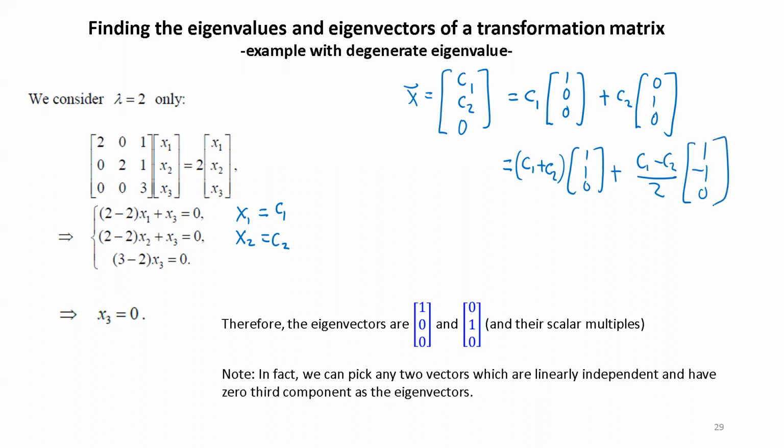Then you can also pick 1 1 0 and 1 minus 1 0 to be the two eigenvectors. Or, just one more, you can also write it this way.